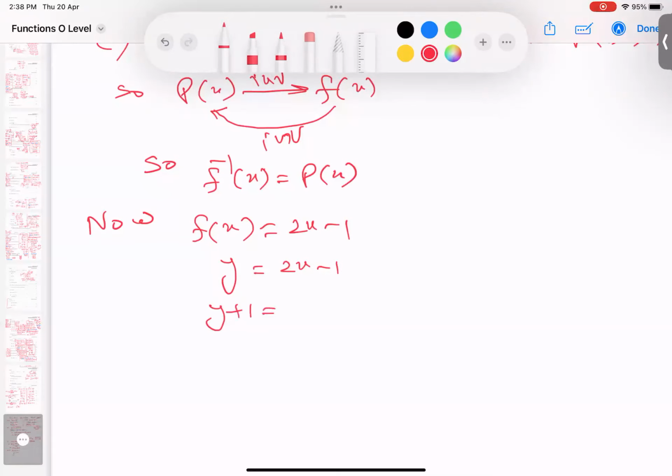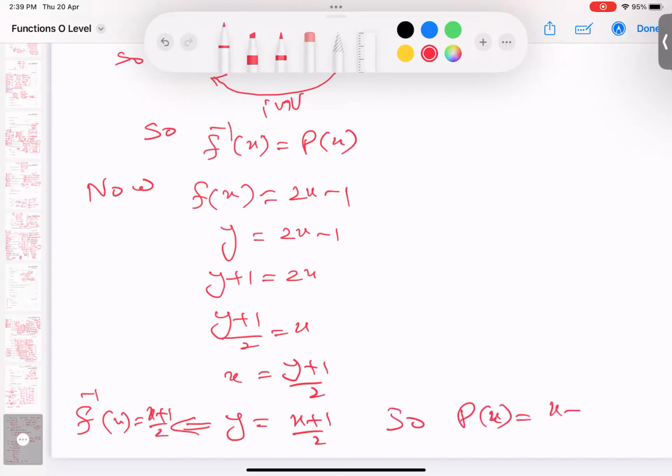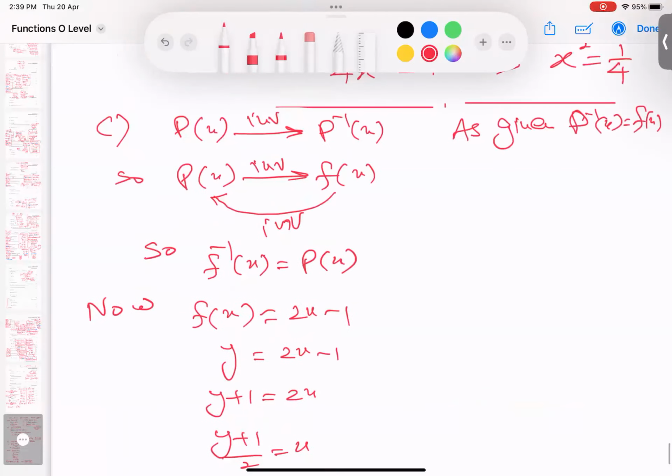Now I'm working properly to convince the examiner: switch the sides, interchange, x becomes y and y becomes x, and this is my f inverse of x. All of you are familiar, f inverse of x means p of x is the same. So Alhamdulillah Rabbil Alameen, I hope this part is very, very clear.